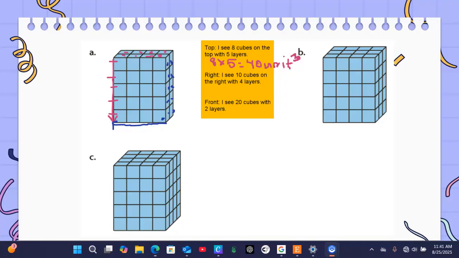That would be 1, 2, 3, 4. So that would be 10 times 4 as our expression. And that will also equal 40 units cubed. Now, please forgive me, I write really slow with this pencil.